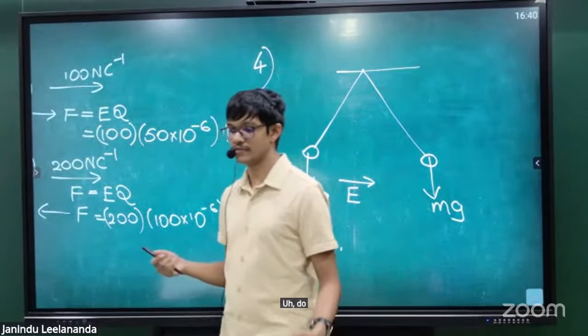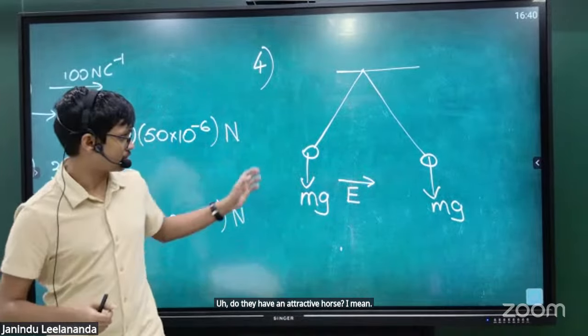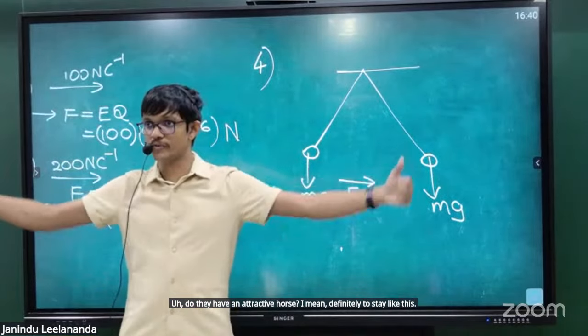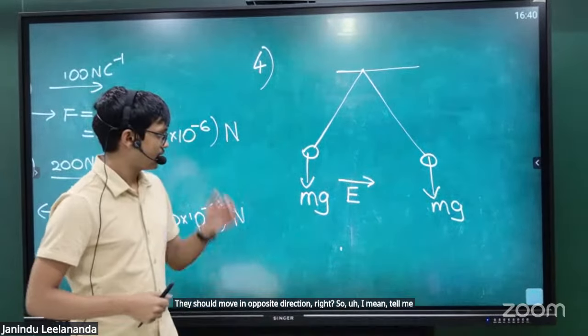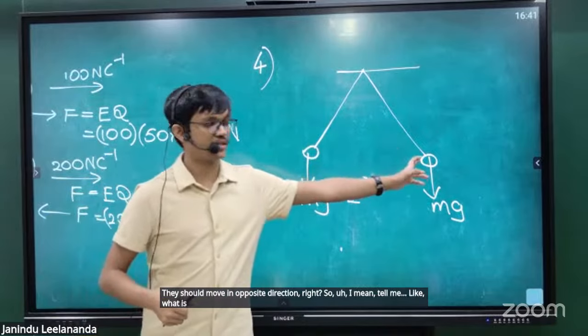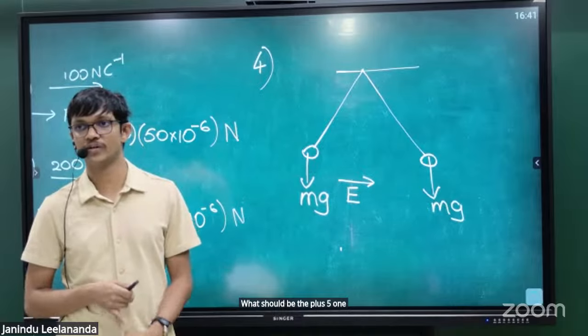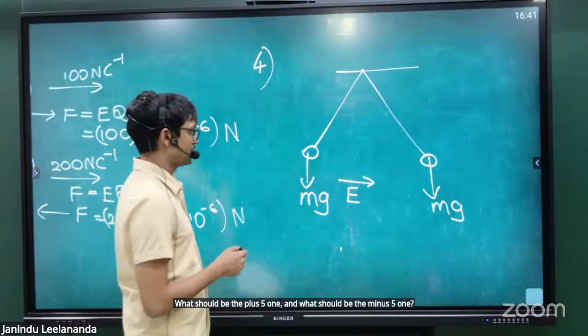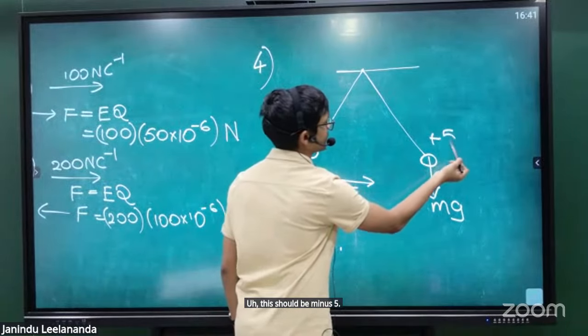Do they have an attractive force? I mean, definitely to stay like this, they should move in opposite direction, right? So tell me, what should be the plus 5 one and what should be the minus 5 one? This should be minus 5. This should be plus 5, right?